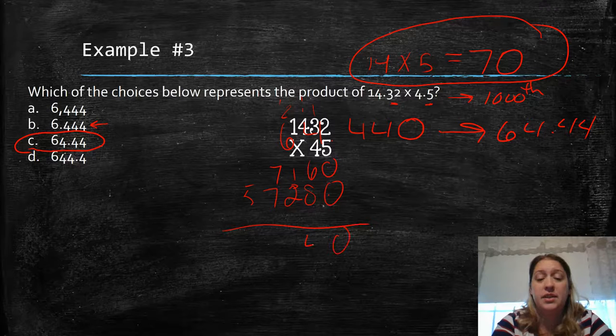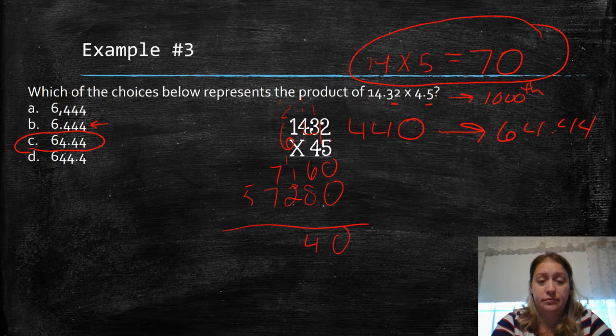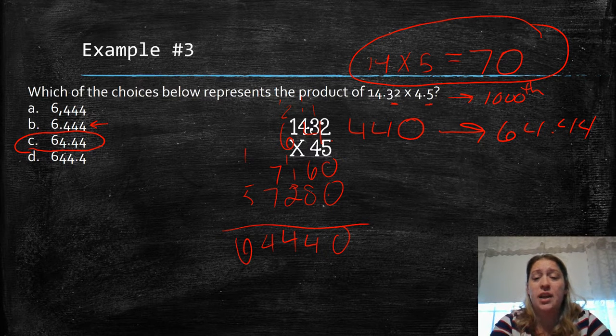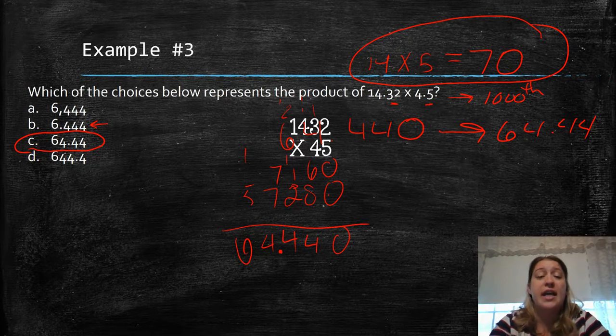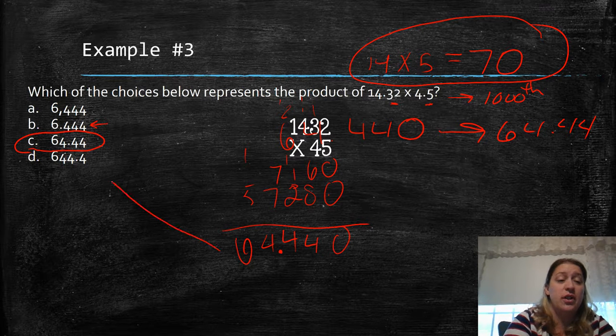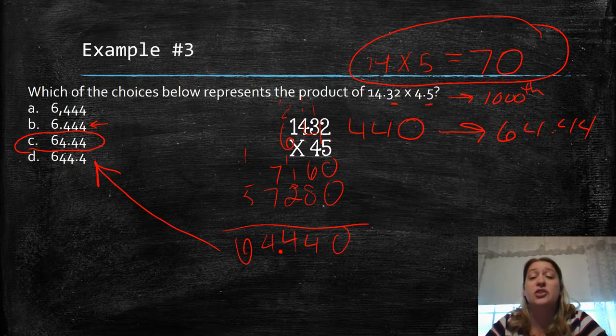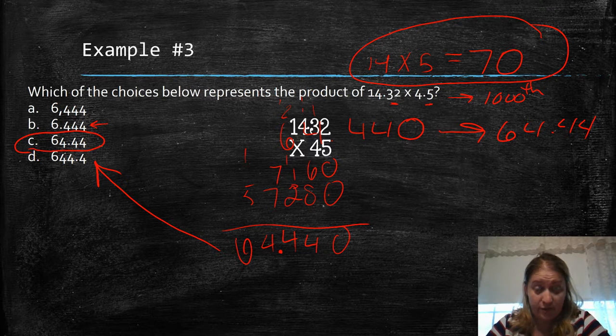And add them all together. There's our numbers. Put our decimal point 3 numbers from the end. And there we go. So this way we can verify that our original answer of C is going to be our correct answer.